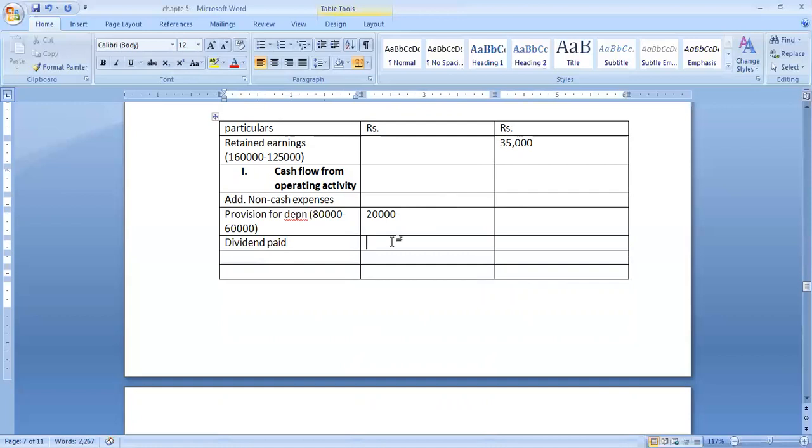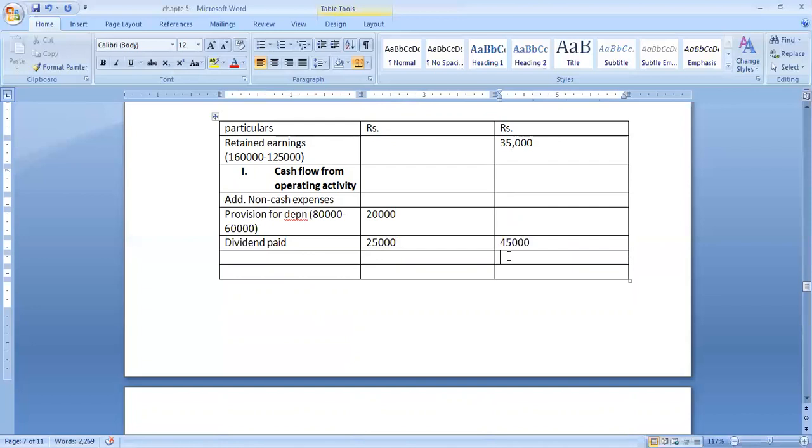So the cash dividend paid is 25,000. So these two are the non-cash expenses given in the question. Now add back these two. Okay, 20,000 and 25,000 will give you 45,000.